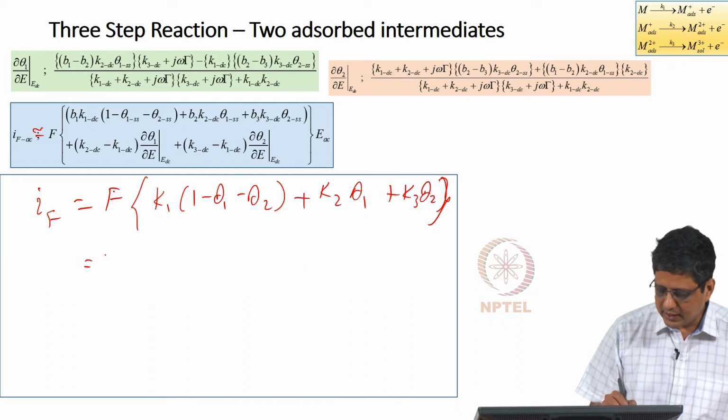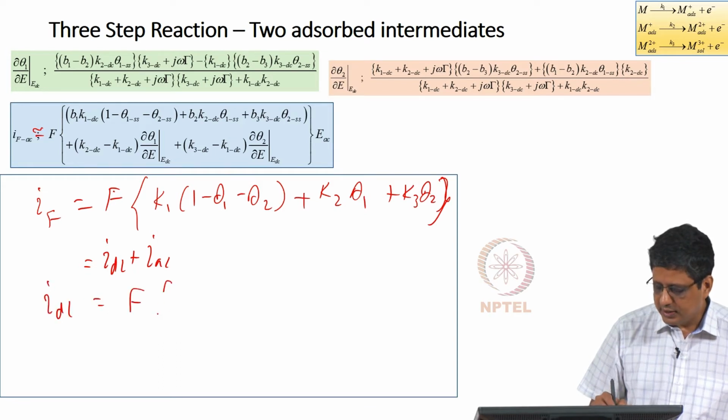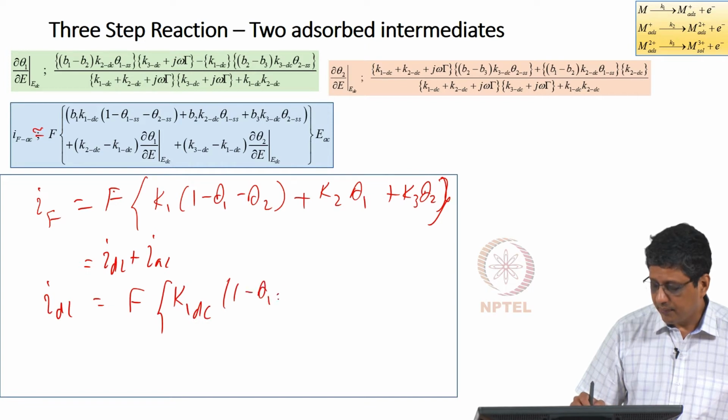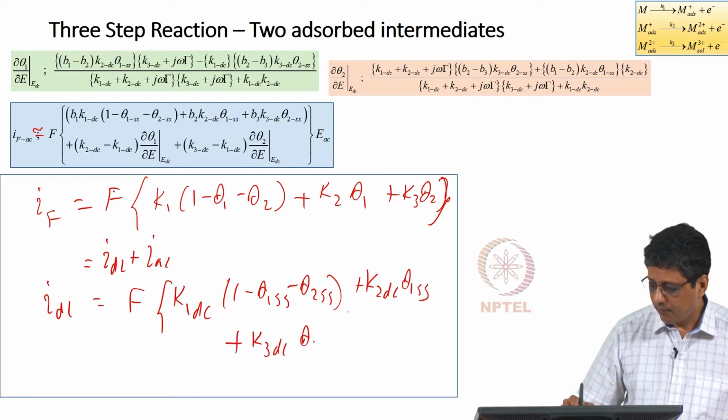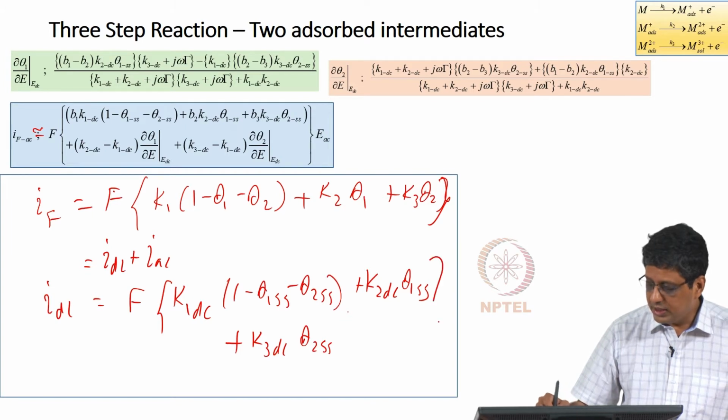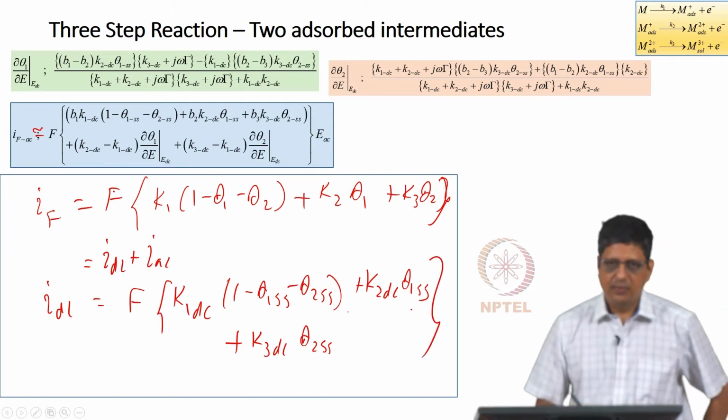So, I will get it as IDC plus IAC, where IDC is going to be the same expression, but with the DC values. So, this expression will not have any EAC.